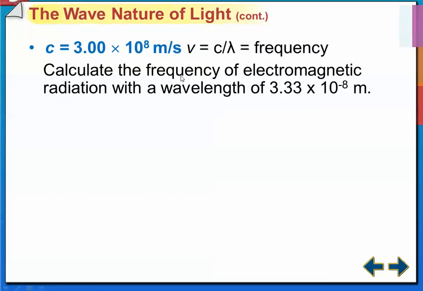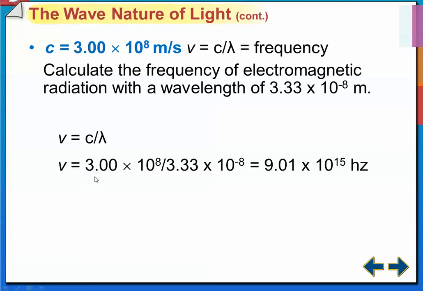So we want to figure out the frequency when they give us the wavelength. Frequency, this little v here, equals the speed of light, and this slash means divided by the wavelength. So we just do this. This is why we learn how to do the scientific notation on your calculators, right?